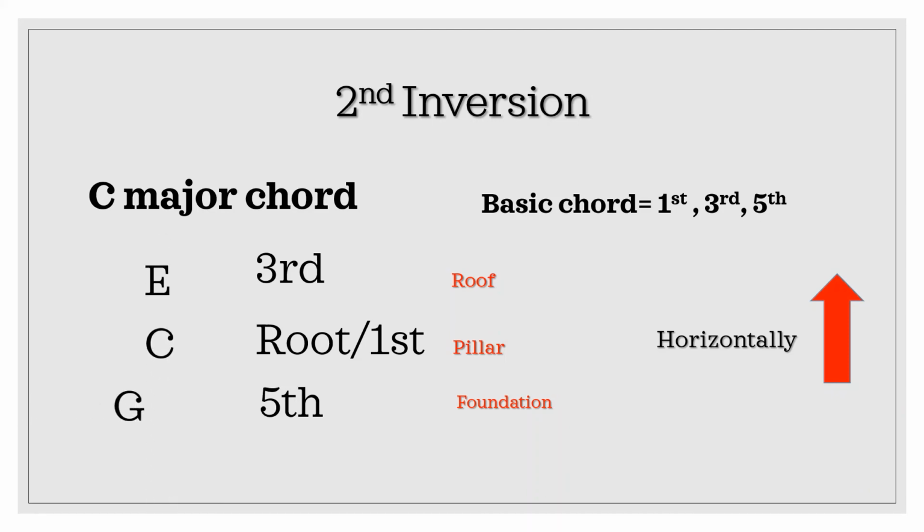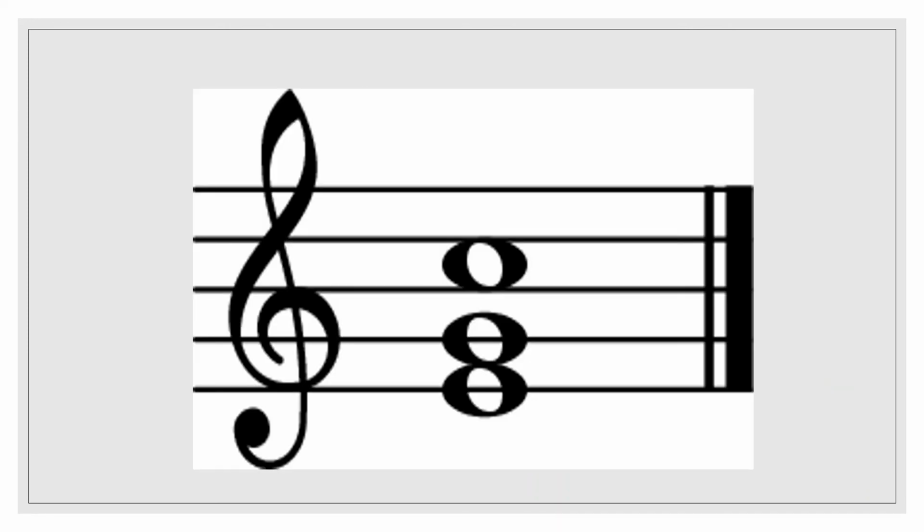So let's lay out those letters. The fifth letter in C major, which is G, would now act as a foundation. The first or the root letter would now be the pillar, which is C, and the third would now act as a roof, which is E.